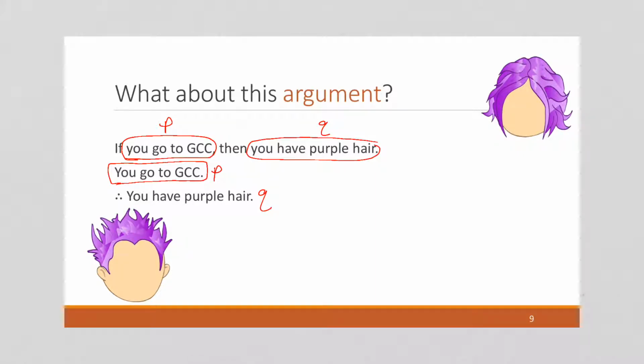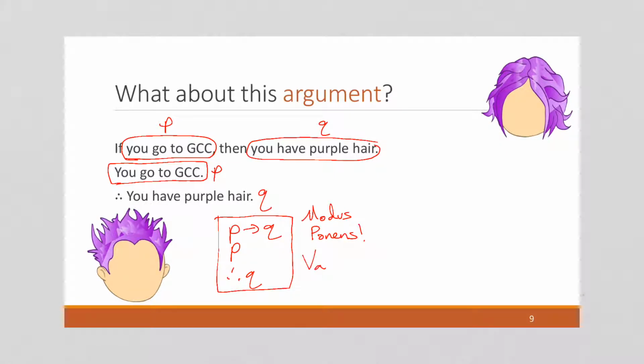Well, let's write the argument form out. P implies Q, P, therefore Q. That's modus ponens, which is valid. Right? We don't need to do a truth table to see that.